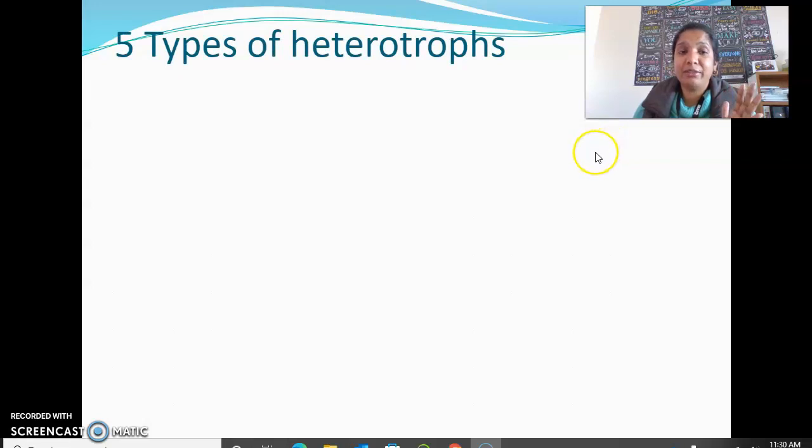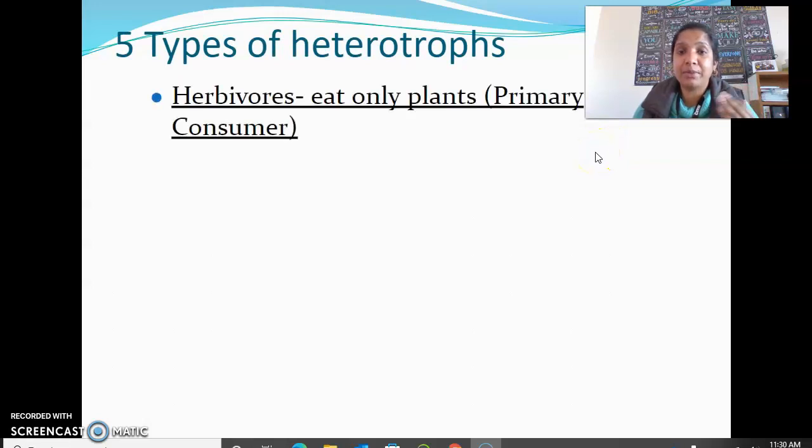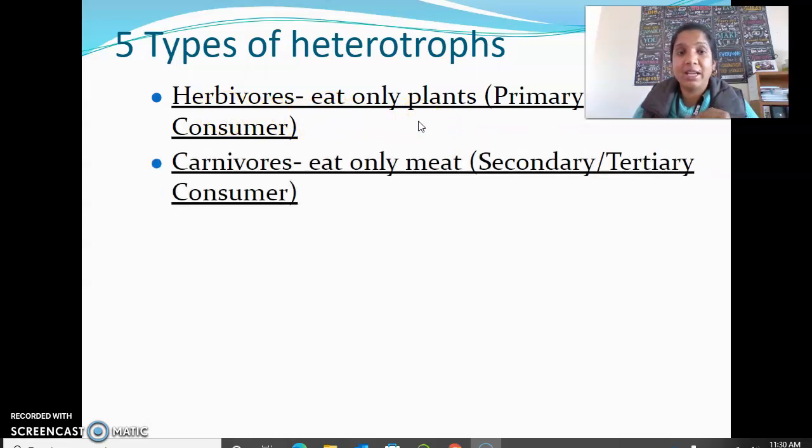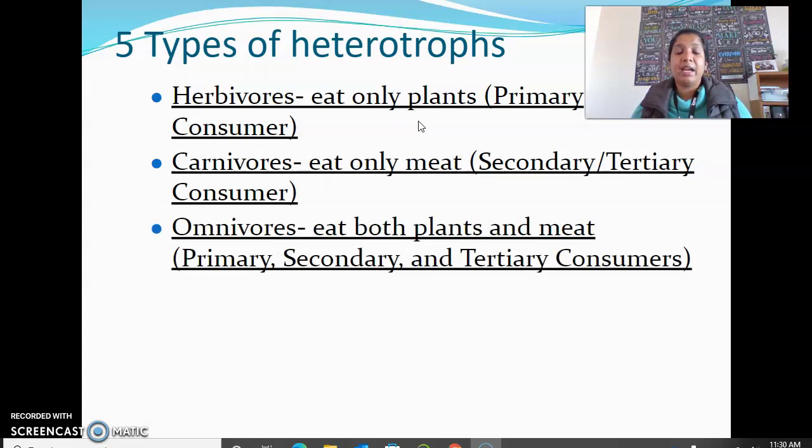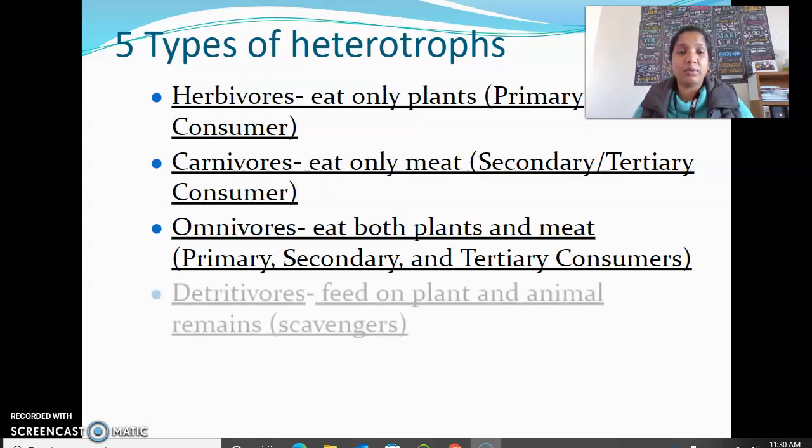There are 5 different types of heterotrophs. Herbivores only eat plants. Carnivores only eat meat, other animals. And then omnivores, which eat both plants and meat, like us, like humans. We eat greens, vegetables, meat, etc. They are called omnivores.